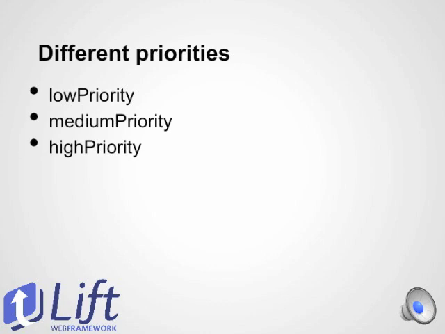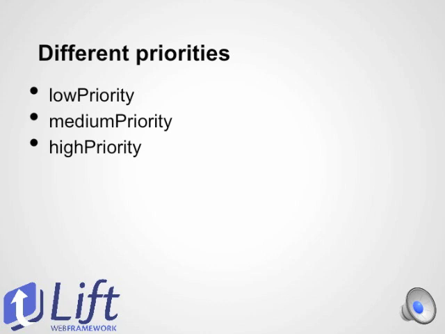The Comet actor runs in a loop where it first checks the high priority messages. If there are none, it checks the medium priority messages, and if it finds one, it executes that one. Once those are empty, it goes to the low priority messages. That gives you more flexibility on how to handle messages.